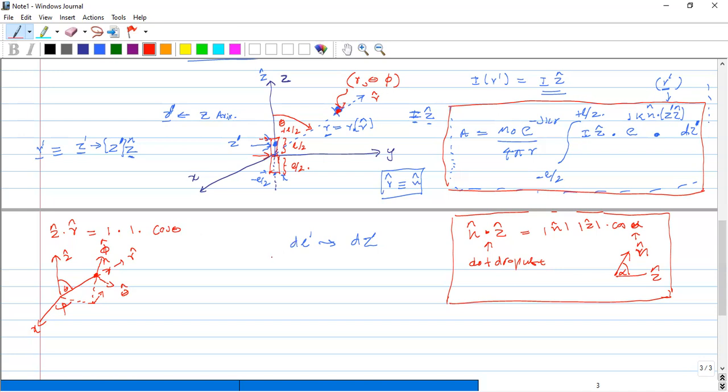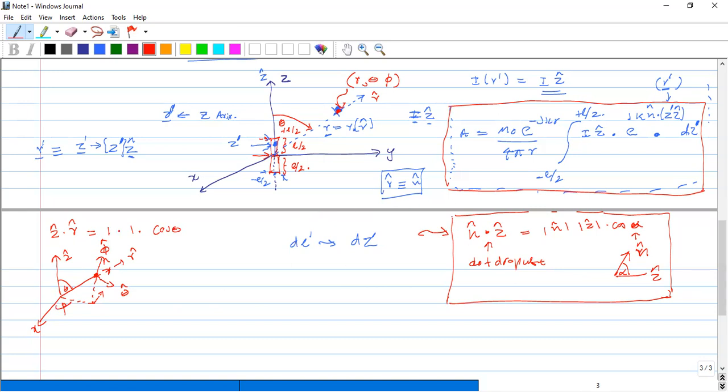But now you have to find n hat dot z hat. You can easily find this one using rectangular coordinates and spherical coordinates, but anyway, you need to find this one.